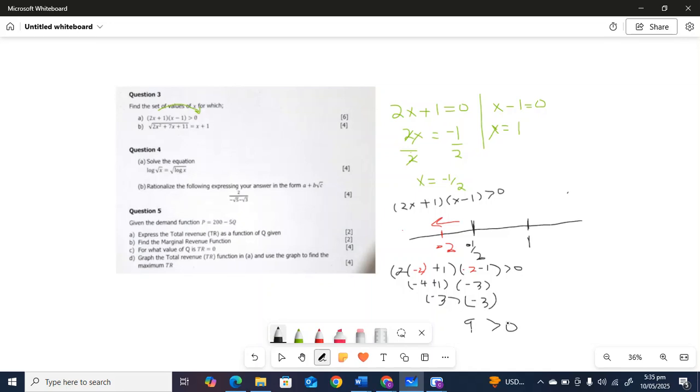So any value less than negative half is going to hold the inequality true. But you also want to find out, is negative half also part of the values that hold the inequality true?